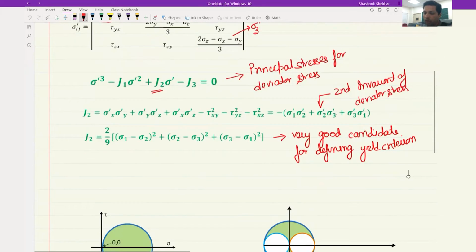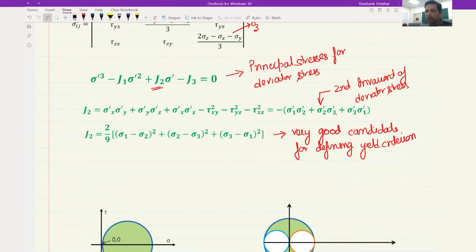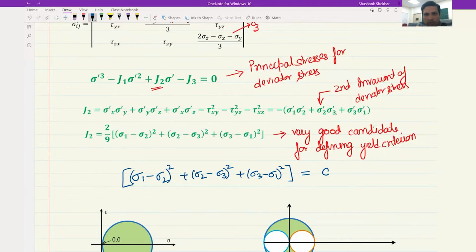In other words, we can write the von Mises criterion, based on this, as, we can get rid of the factor here and we can write, when this function reaches some critical value, let's call it C. So this C would be a constant.